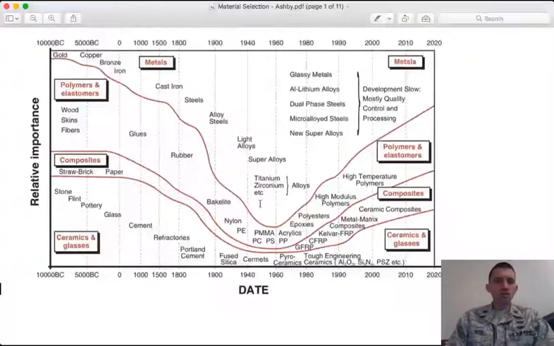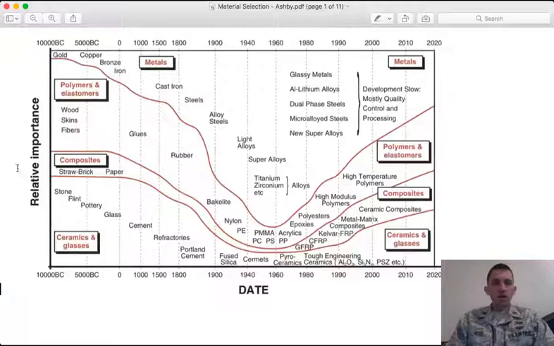I talked about a little bit of this in the introduction at the beginning of the course, in that materials have been around forever, right? There are natural materials that fall into all of the material classes that we typically think of.